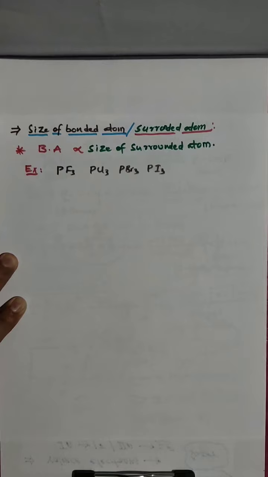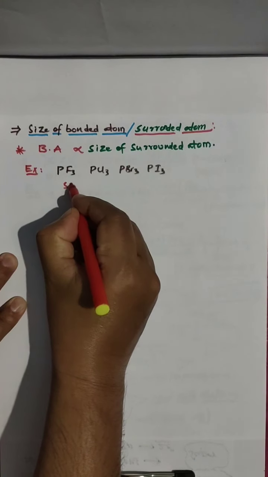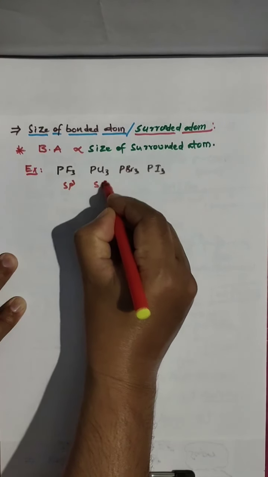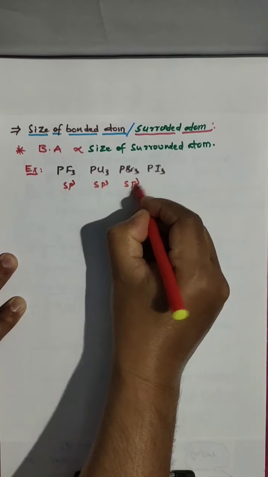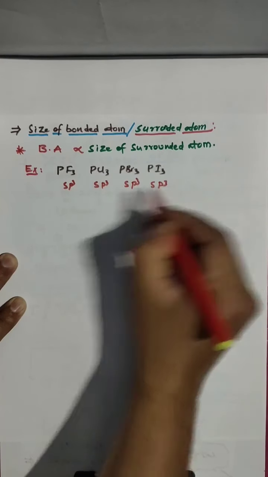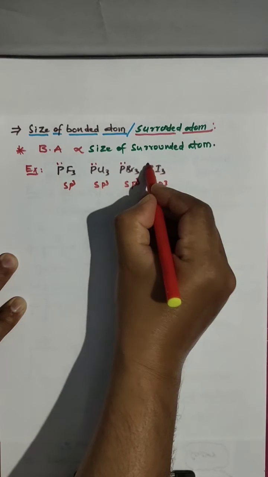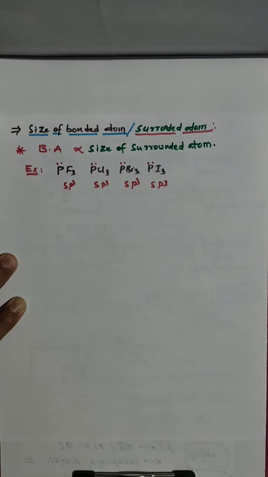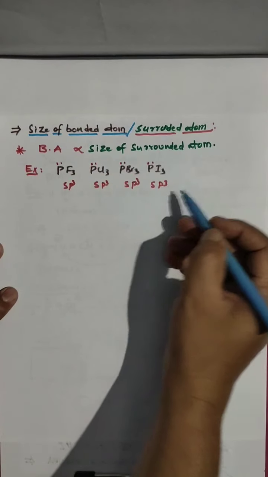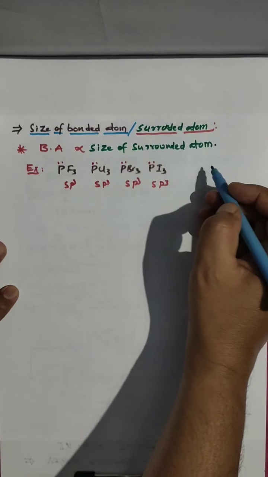Hybridization we have to check first. This is sp3, and this is also sp3, and this is sp3, and this is sp3. All are having one lone pair. And you know very well the halogen family.